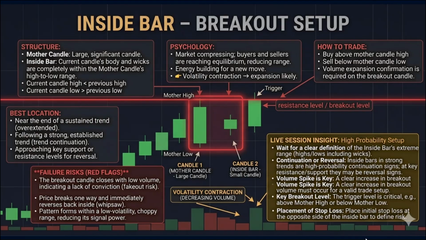How the structure looks: the mother bar, a large preceding candle that defines the current trading range; and the inside bar, a smaller candle whose entire high-low range is contained within the mother's range. You can think of the first as the mother and the second as the baby. The inside bar, which shows a lower high and higher low, signals that the market is consolidating.